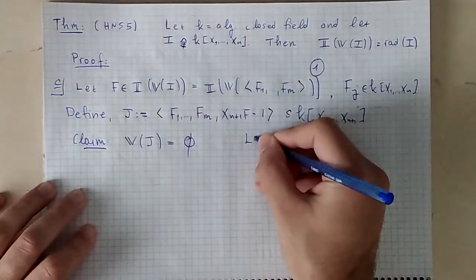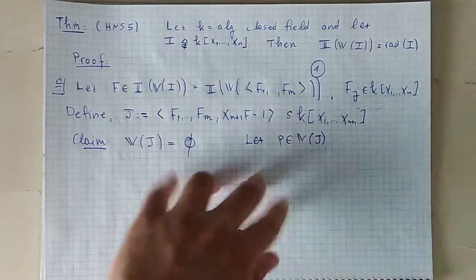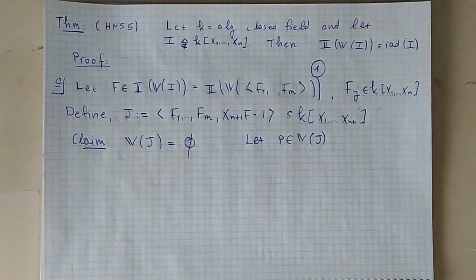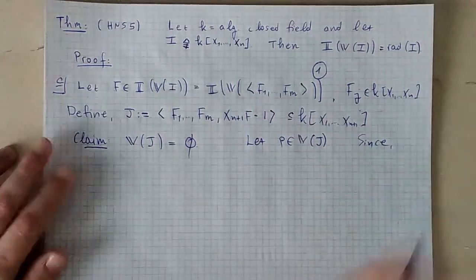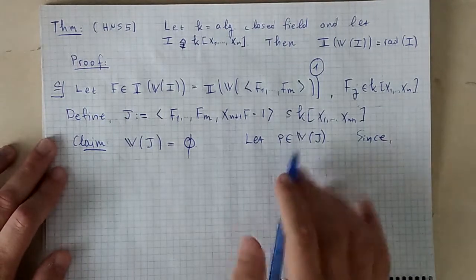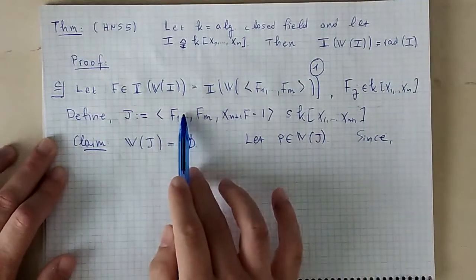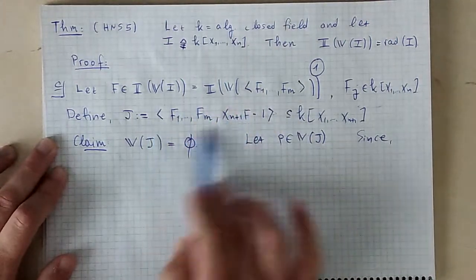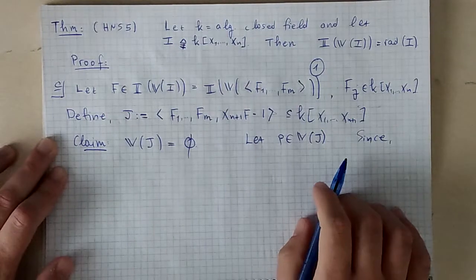Okay, so let P be an element in V of J. Since if something lives there, we have a point, and that point kills every polynomial in here, in particular it kills every f_j.